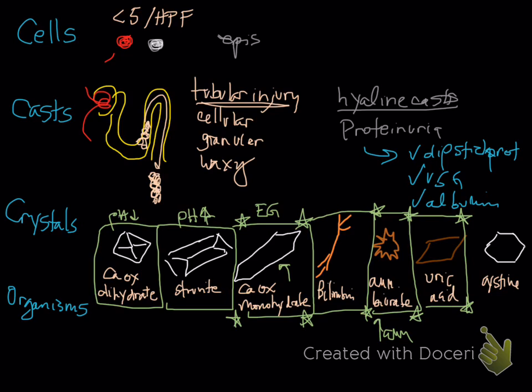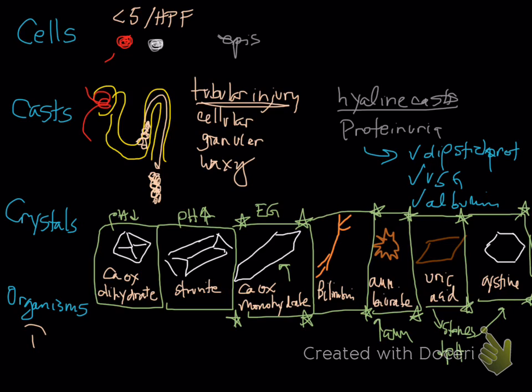It's an inherited abnormality. These form stones in low urine pH. So in acidic urine, these form stones, as do cystine crystals. So that's the same thing, another deal breaker. So if you see these crystals, these animals are actually at risk of making stones and getting an obstruction.